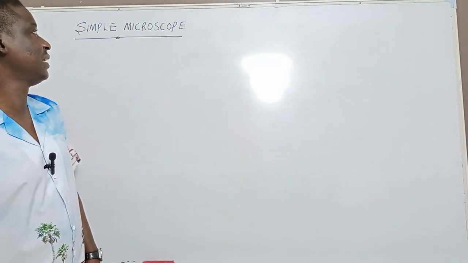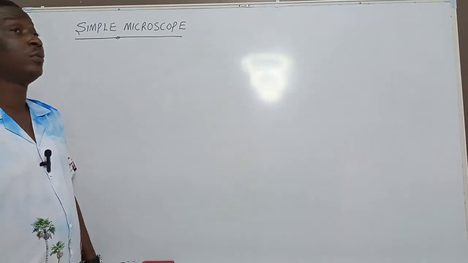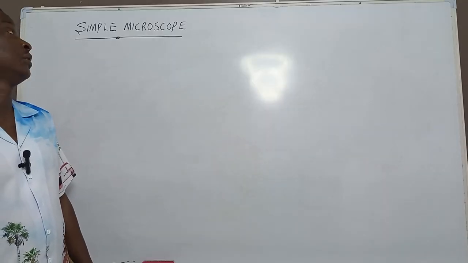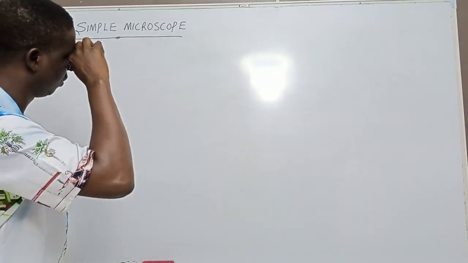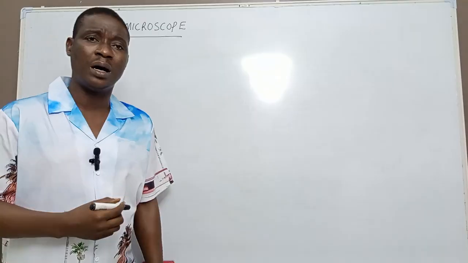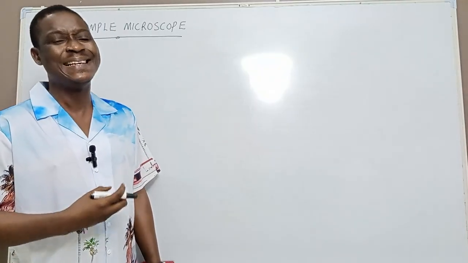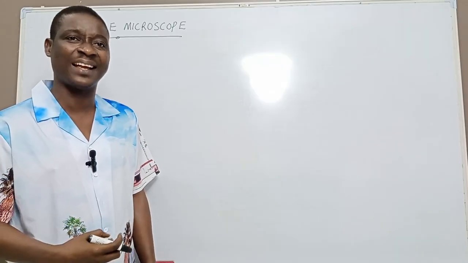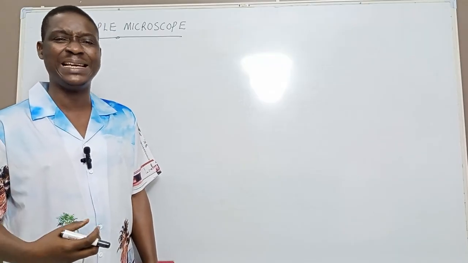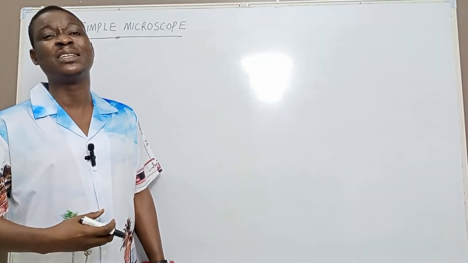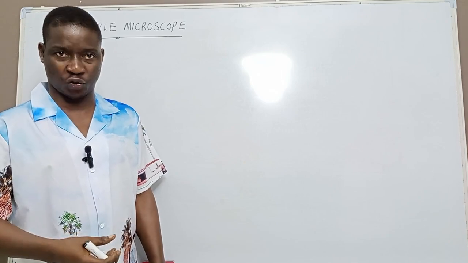We want to talk about a simple microscope, and I want to look at a detailed explanation of it. What is a simple microscope? A simple microscope is a magnifying glass, or what we call the hand glass, used to see a very close object within a focus.